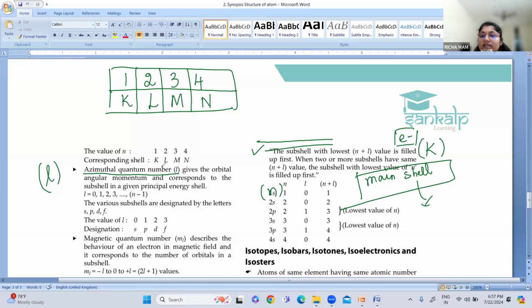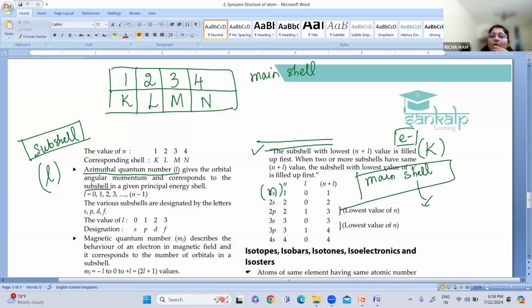It corresponds to the subshell. Subshell means what? This is a main shell, and under this comes the subshell. So it represents the subshell, or it gives you the shape of the orbital.